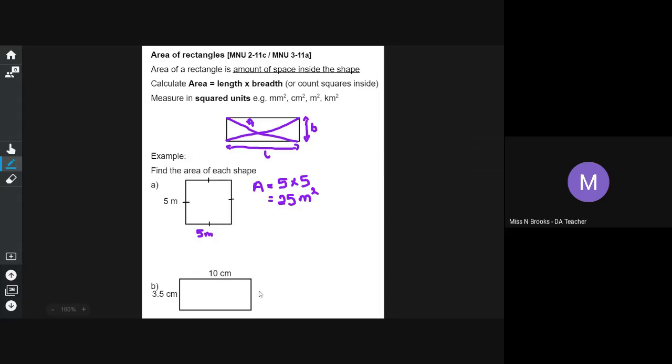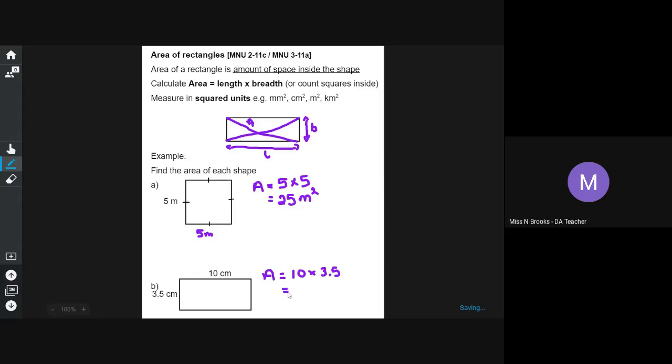In this example here, we've got A equals, now this time our rectangle is 10 centimeters by 3.5 centimeters. So we're going to do 10 multiplied by 3.5.